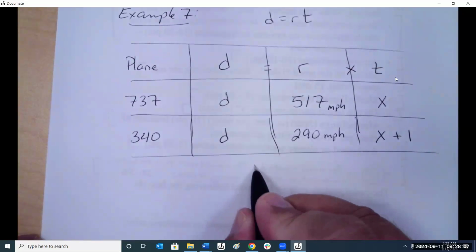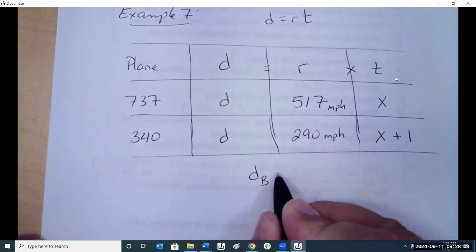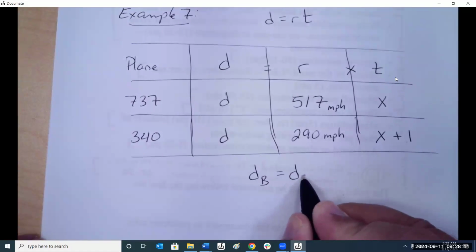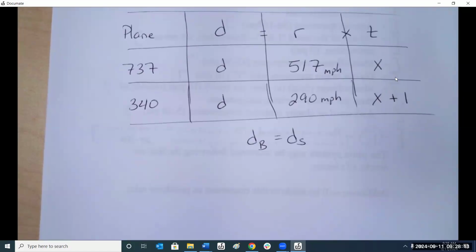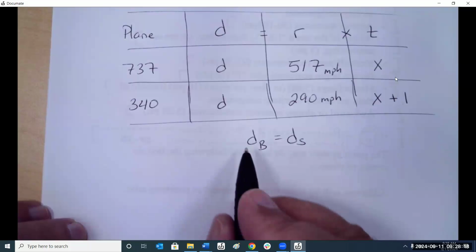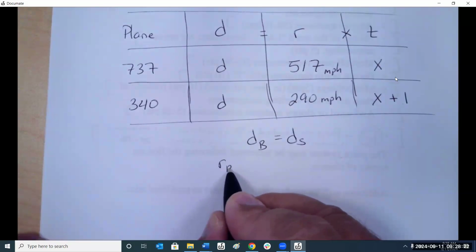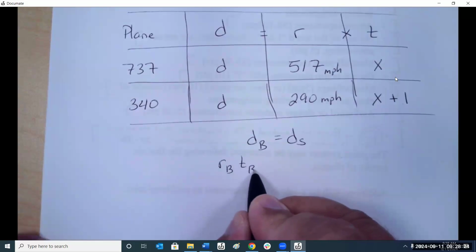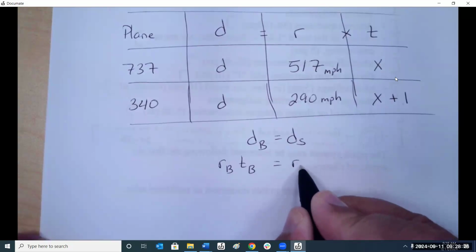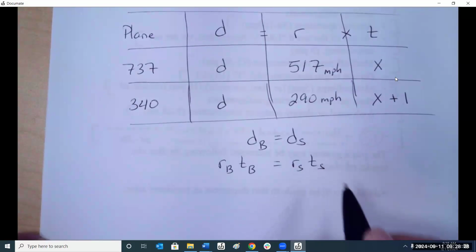So what we have to do is the distance of the Boeing and the distance of the Saab have to be equal. What's the formula for distance? Rate times time. So we have the rate times time of the Boeing and the Saab.